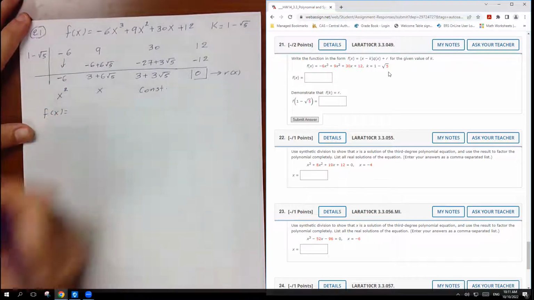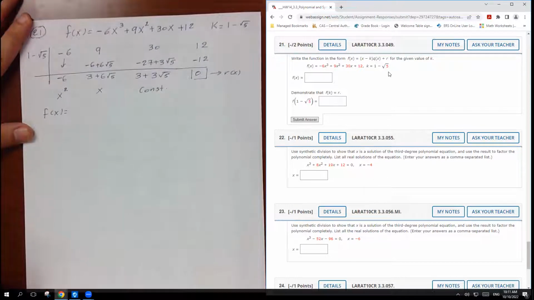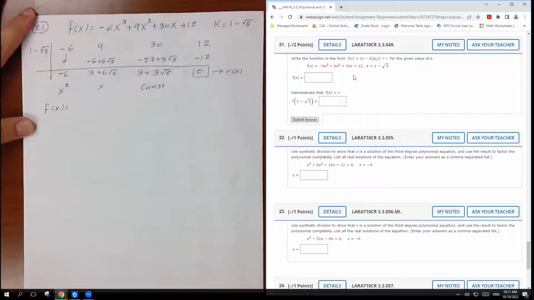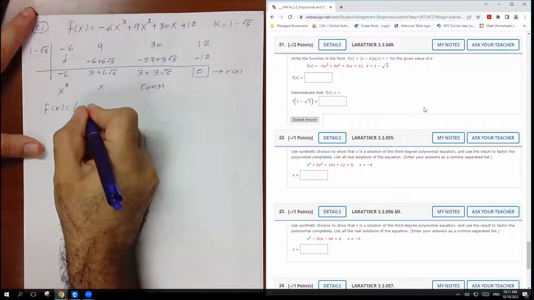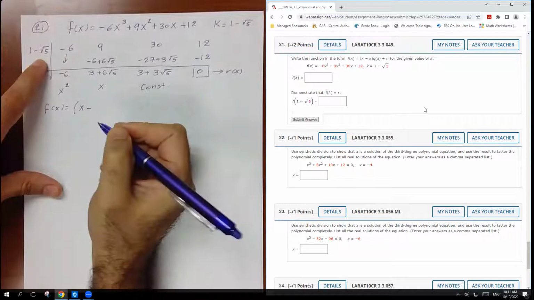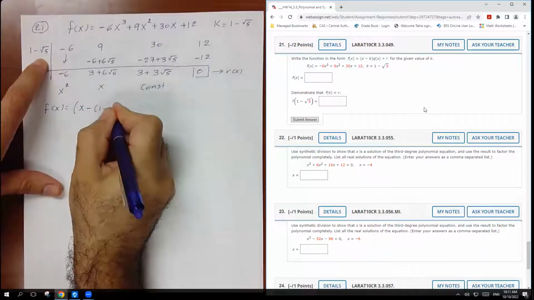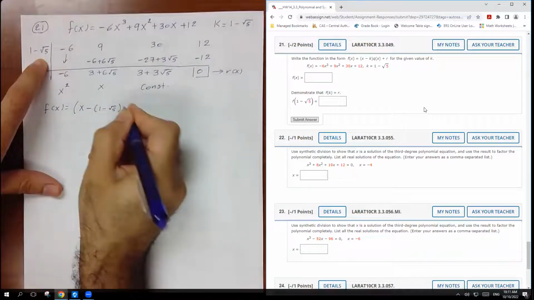So off of x, we're going to write down what they ask us to write, in this form. So x minus k, x minus k is this number, which is 1 minus square root of 5. This is the first parenthesis.